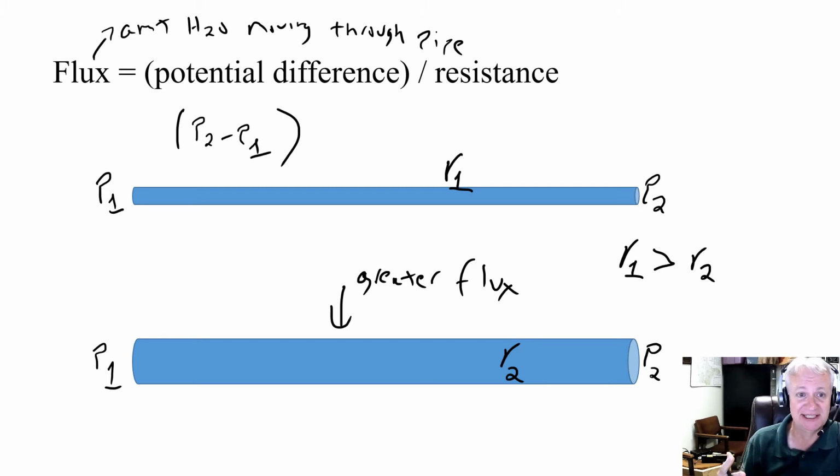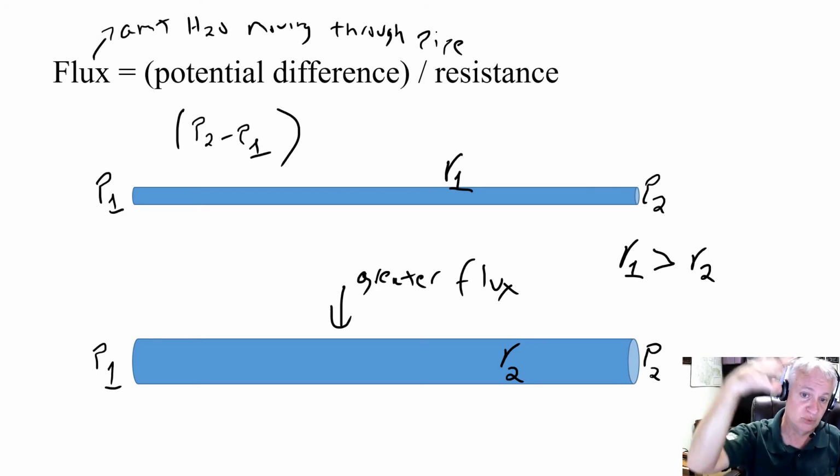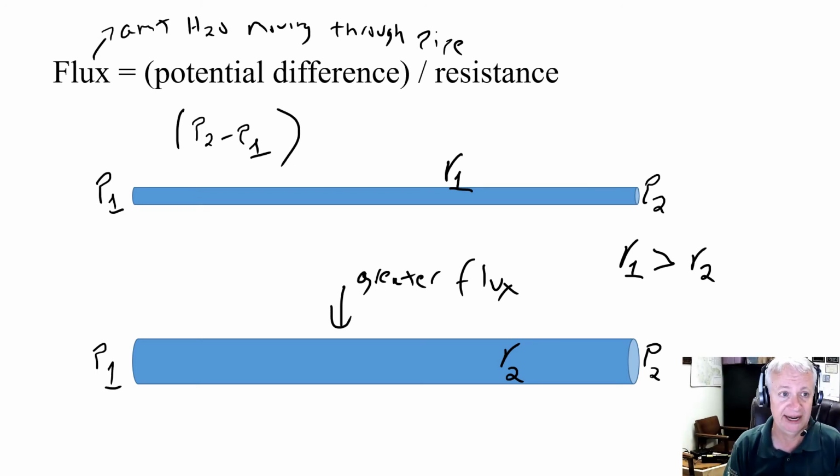Same thing works in xylem. Some pipes are narrower than others, and that affects the resistance and therefore affects both the differences in water potential gradients that are developed as well as the rate at which water can flow through those pipes.